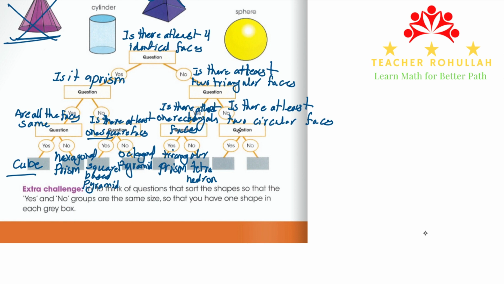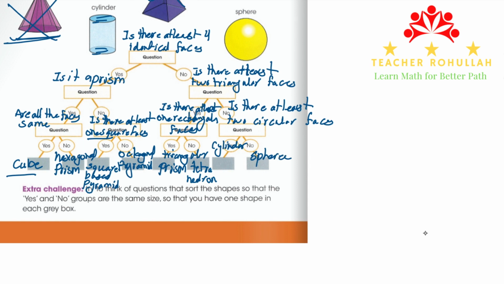If the answer is no, what shape is that? So again, we have two options. One is yes and the other one is no. The answer which says yes is the cylinder. Cylinder has two circular faces. So for the option which says yes, we write cylinder. And the one which says no, we can write sphere.